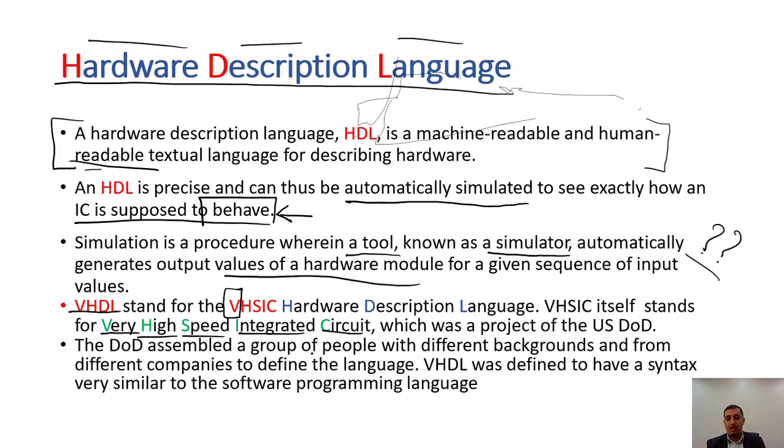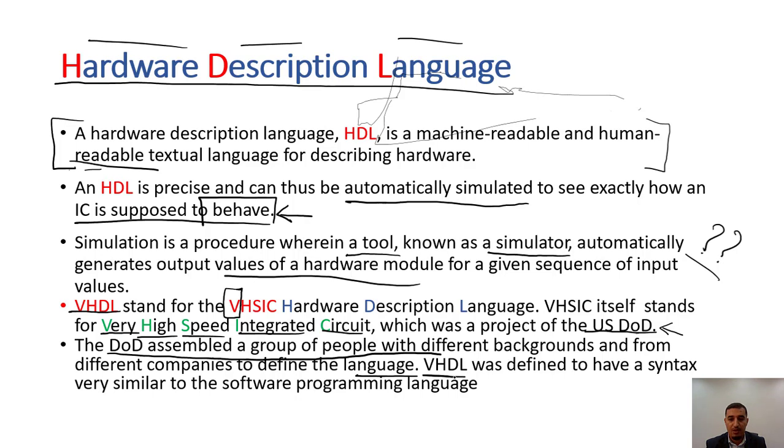This was a project for the US DOD, the Department of Defense, in the 80s. They started thinking, can we program ICs in a very high level language which is easy for everyone? So the DOD assembled a group of scientists with different backgrounds and asked them to come up with a language.